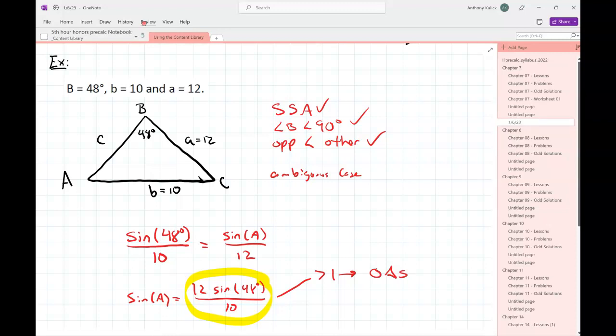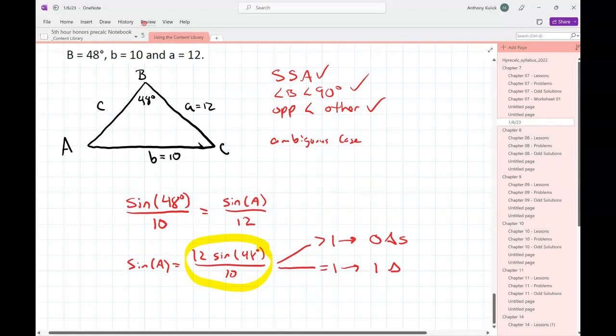When sine equals 1, what angle is that? That's a right angle. That's our hypotenuse leg situation, which guarantees us only one triangle. So what's going to happen if we're less than 1? Yeah, that's where we can end up with 2.